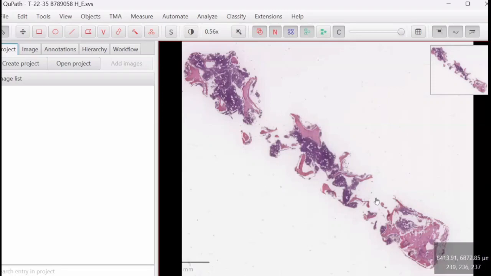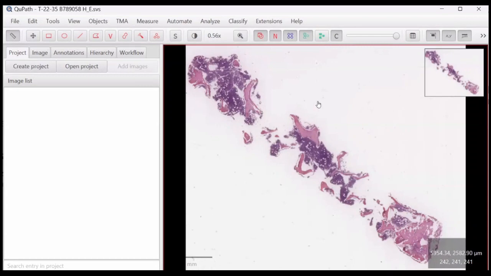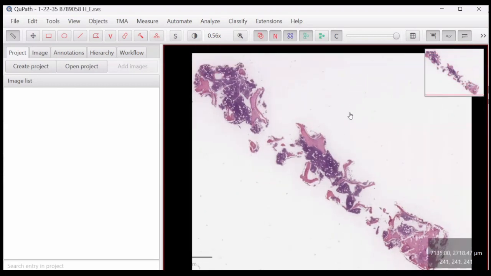Okay, this is the case that Dr. Razan presented just now. If you notice, this marrow remains hypercellular.